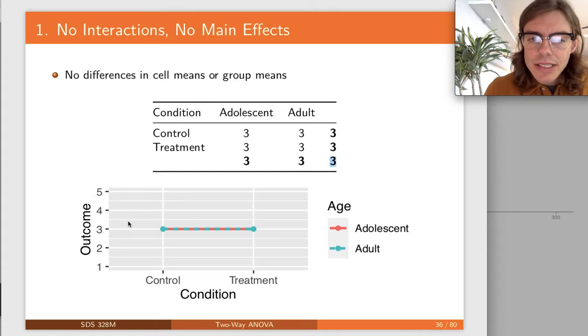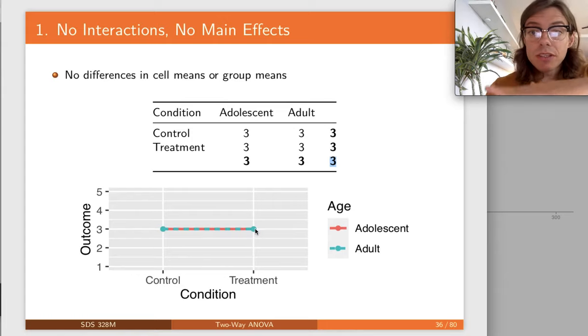If you were to make a plot of these cell means, well, they're all 3, right? Adolescent in the control group is 3. Adult in the control group is 3, so that's that blue dot. The red dot's underneath it, right? It's overlapping. Adult in the treatment group is 3. It's that blue dot. And then adolescent in the treatment group is 3. So you just have this flat line, right? Those cell means are all equal.